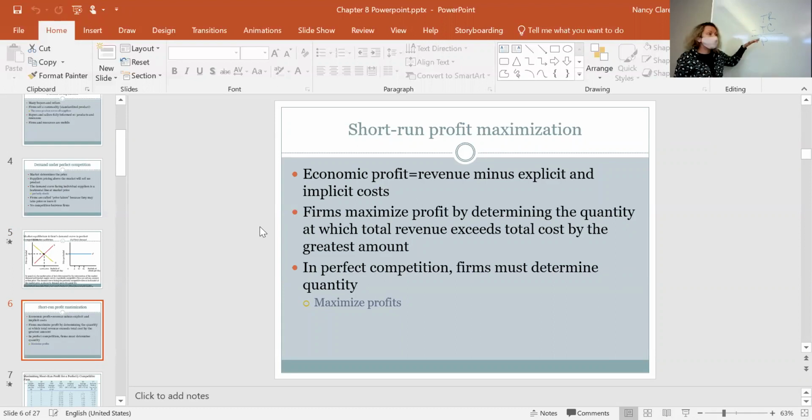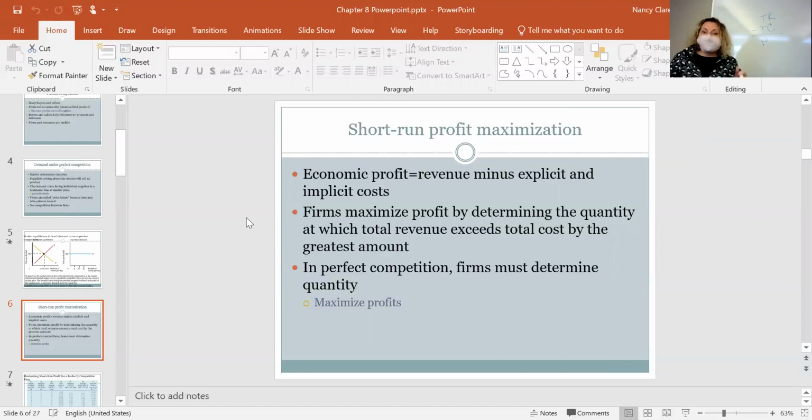Because while you could just do this as a straight calculation, why wouldn't you put it on a graph? Just kidding, but that's what we're going to do. So you can see that the higher this number is and the lower this number is, when you take the difference, this becomes greater. And we want to find the place where it is the greatest, where profit is maximized.